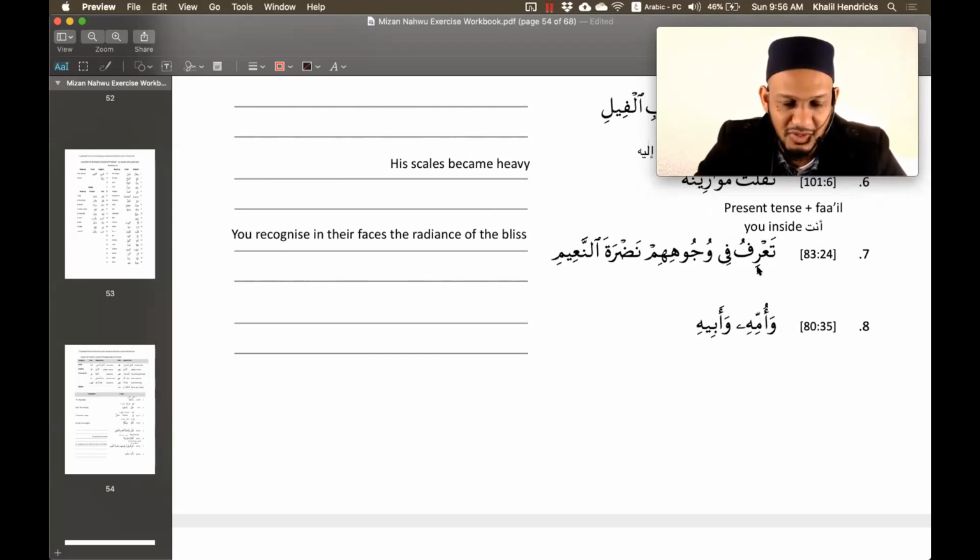So ka is also you. Ka is the attached one, and the detached one is anta. Okay, good. So there's an anta, a you inside there. So ta'rifu means you recognize, you know. What's the fi? It's ismul majrur. No, harful jar. So the fi is a harful jar.